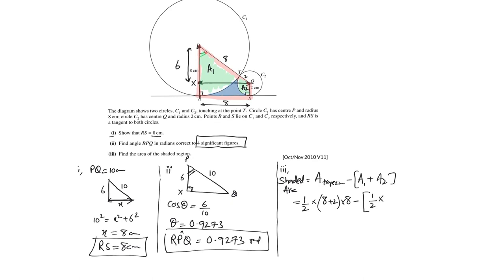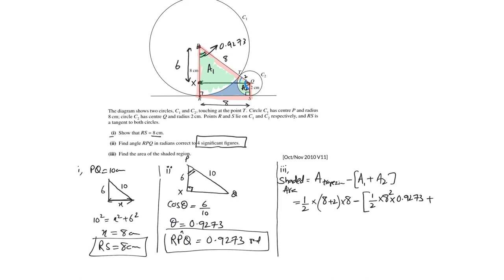The radius for sector 1 is 8, so half r square, and this angle we just calculated is 0.9273. So half r square theta is 0.9273, plus the area of the smaller sector, but we do not have the angle yet. So let's find the angle for this. This is the complete angle.